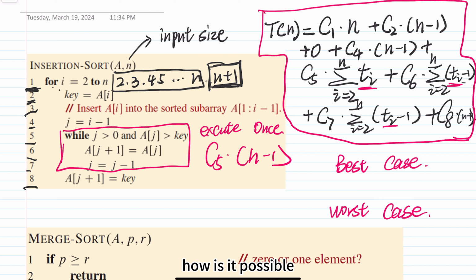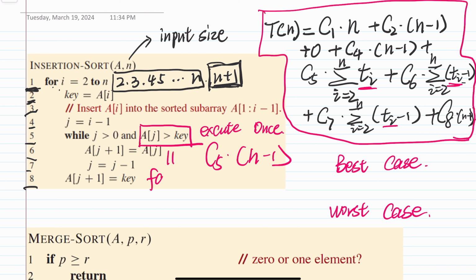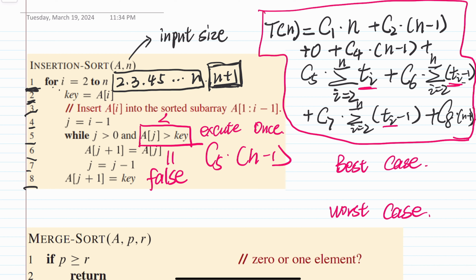How is it possible? It is possible when this condition is always false. That means the key is always larger than A[j], which means if I want to insert the key into the pile, it will never loop through the pile. It is just appended to the end. So in this case, the best case is the sorted array.